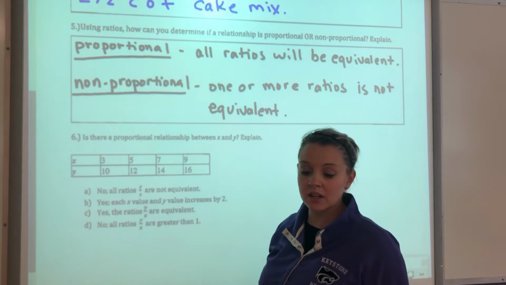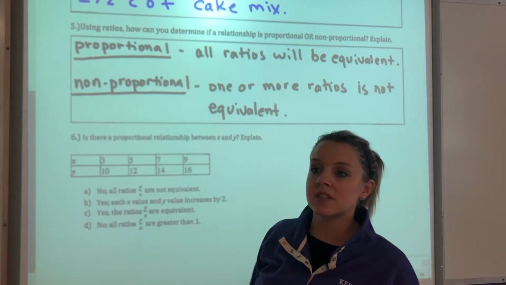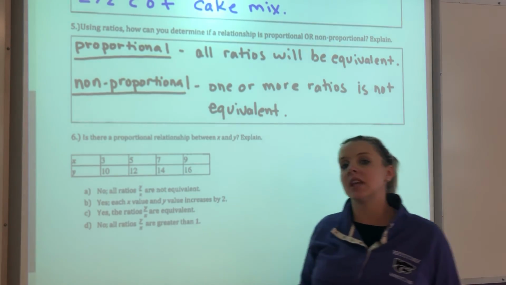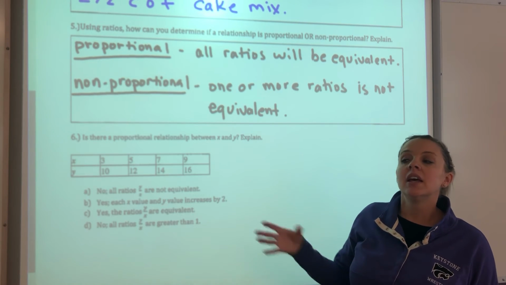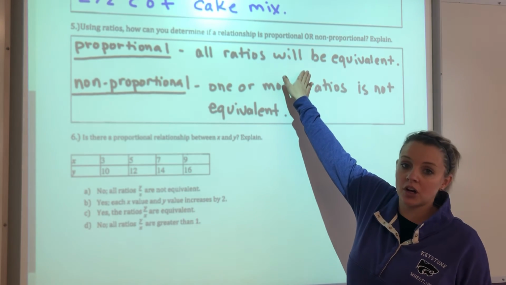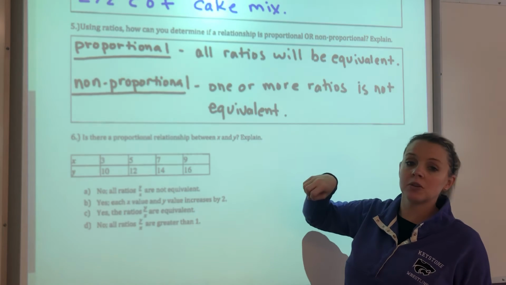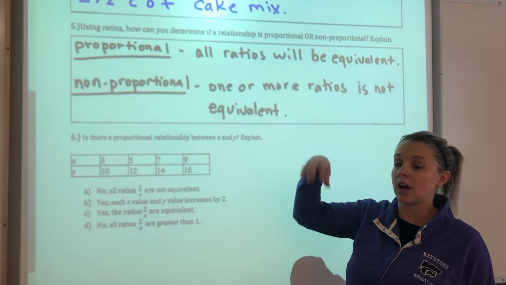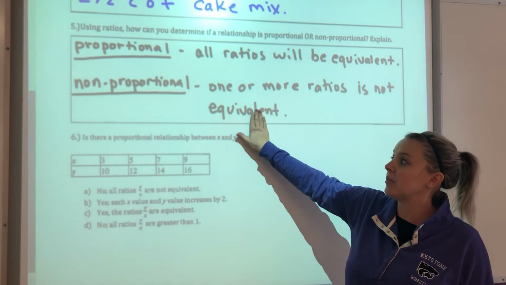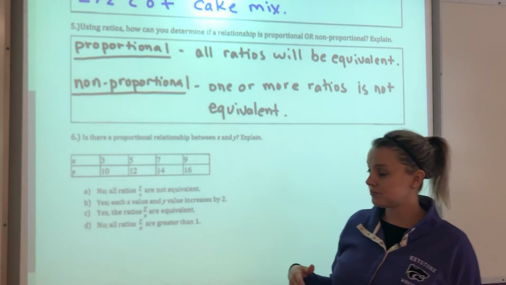So we talked about that a lot this week, where you have to test all of your ratios to see if they have the same unit rate. If they have the same unit rate, they're proportional. If you do the first two and you realize that 1 and 2 are not equivalent, that means your relationship is non-proportional.